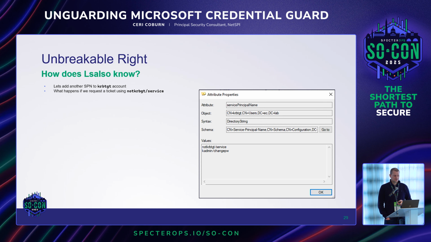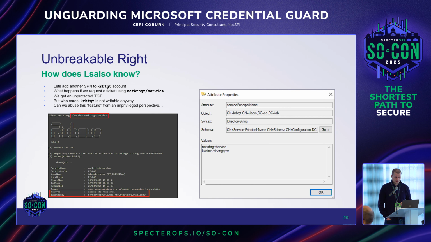Then I thought, surely that can't be the only decision they're making for protecting the ticket. So using a DA account, I've added a new SPN to the krbtgt account called notkrbtgt/service, and then I try to request that particular service ticket. It's still linked to the KERB-TGT account, but I'm just using a different service principal name.